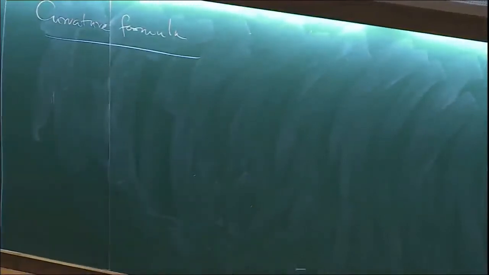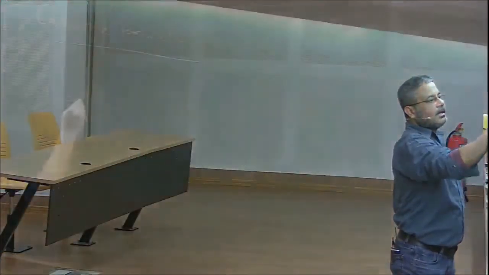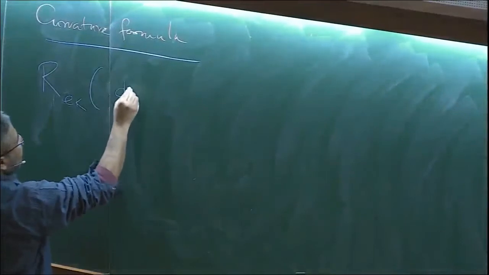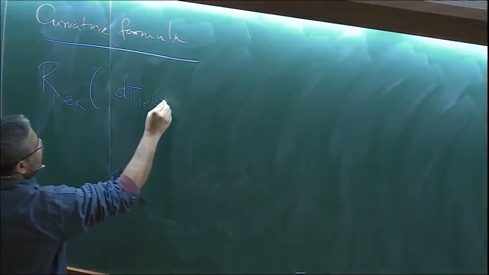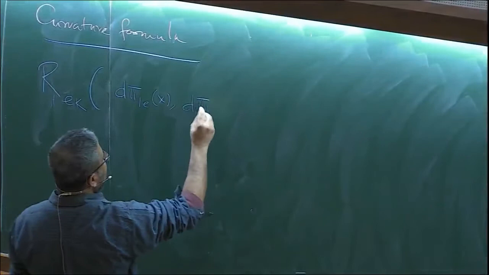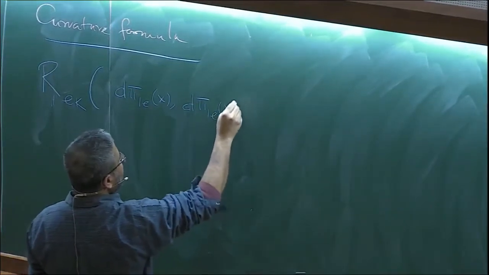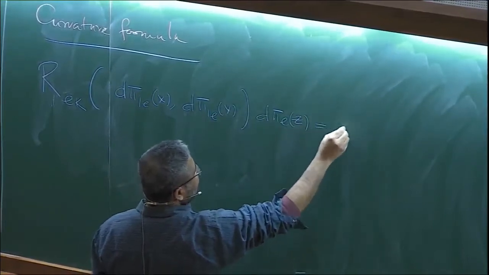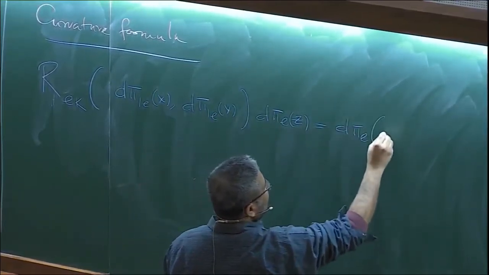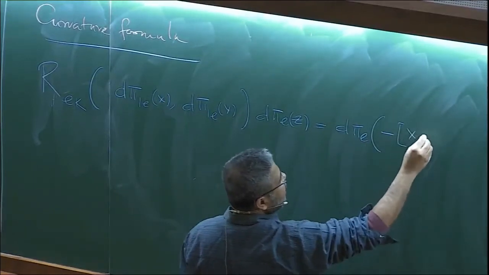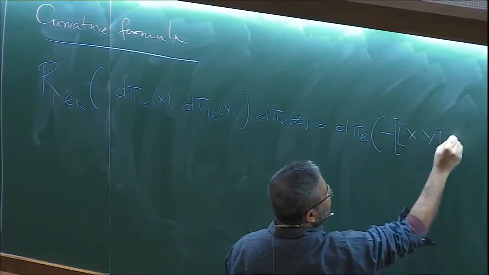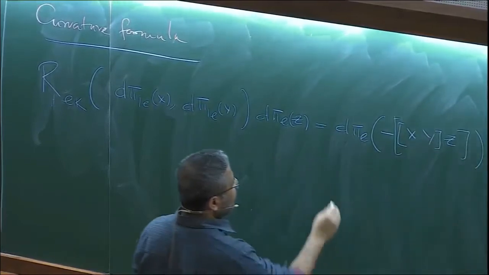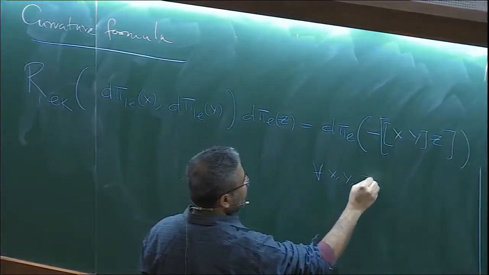So I'm again in the same situation of G mod K, and the curvature tensor at identity K has the following formula: R(dπe of x, dπe of y) dπe of z is going to be dπe of minus [[x, y], z], for all x, y, z.